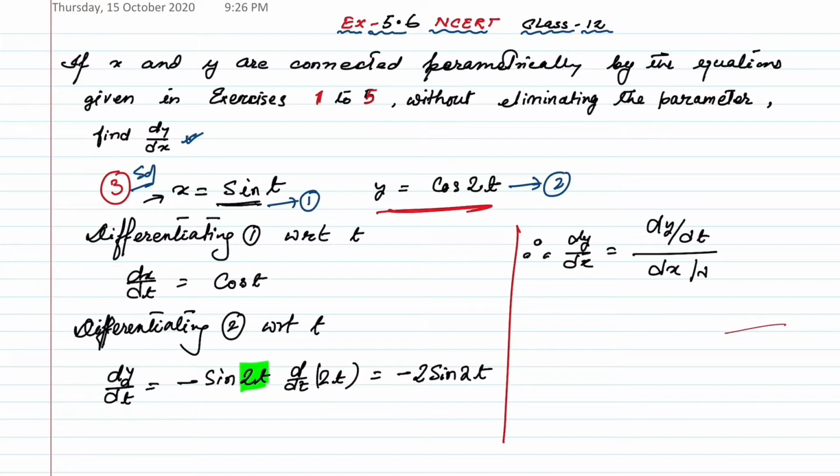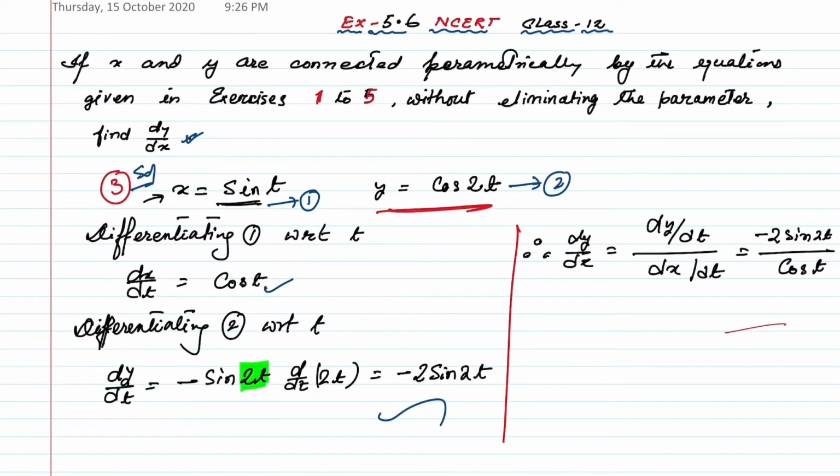So what we need to find, therefore dy by dx will be equal to dy by dt divided by dx by dt. We know dy by dt, here we have got minus 2 sin twice t, and dx by dt is cos t. Now we have a trigonometric identity: sin twice t can be written as 2 sin t cos t, isn't it?